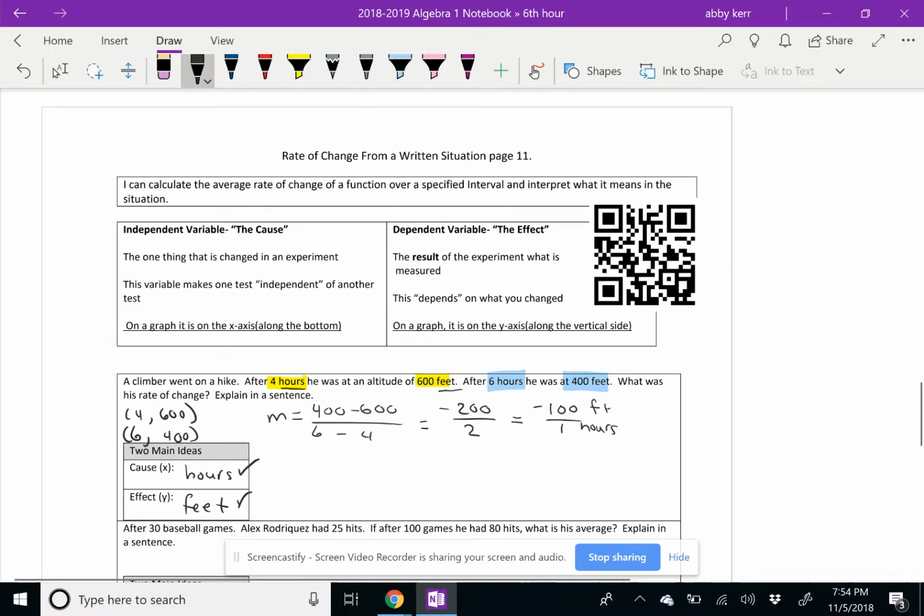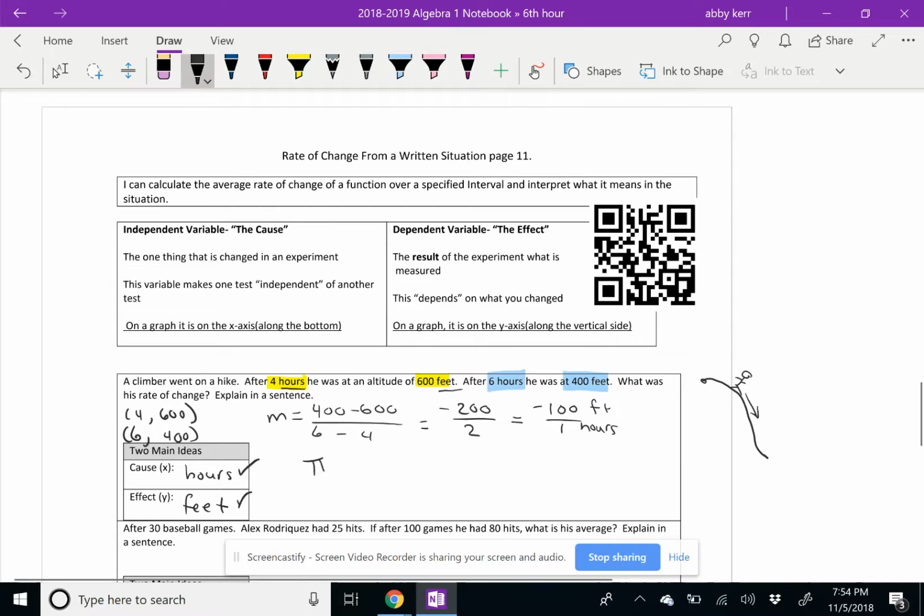Now the hiker can't go negative feet. So what's happening is he's on the mountain and he's traveling down. So he's going at a rate of 100 feet downward per hour.